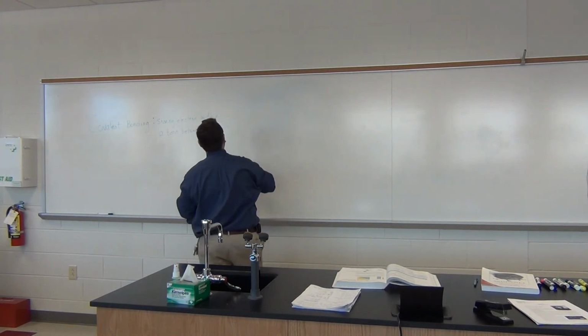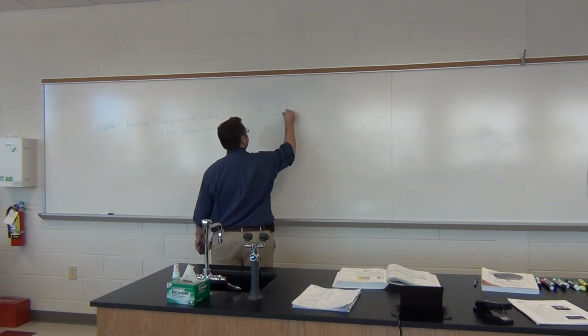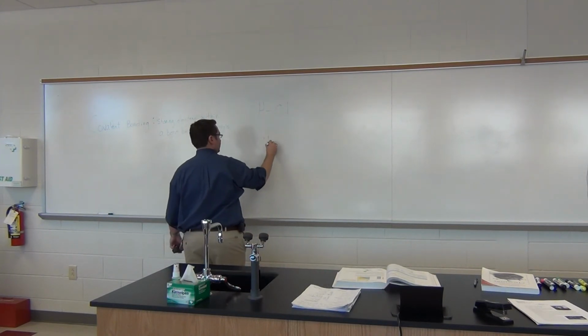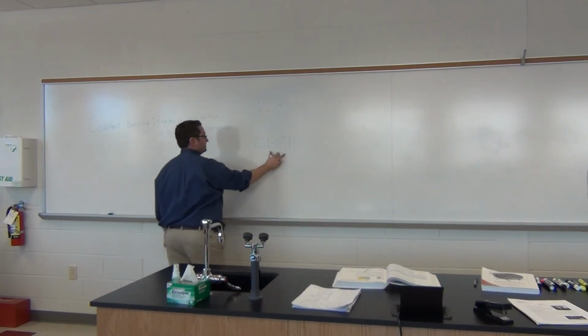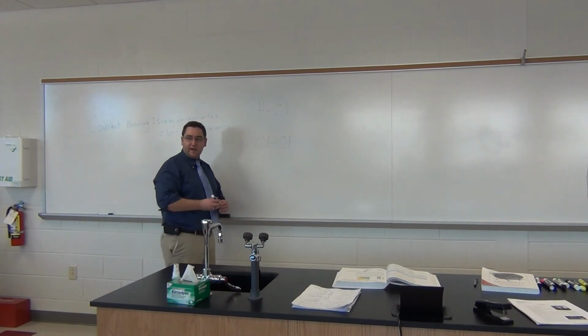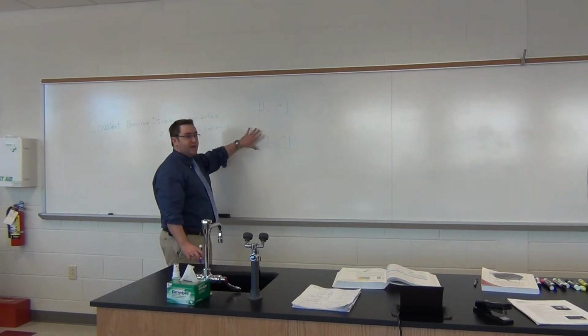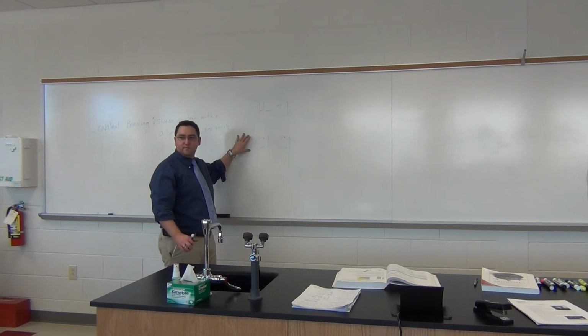Let me redraw them. We have HCl and diatomic chlorine, ClCl. These are both pretty electronegative atoms, but they're the same. So their electronegativity difference is 0.